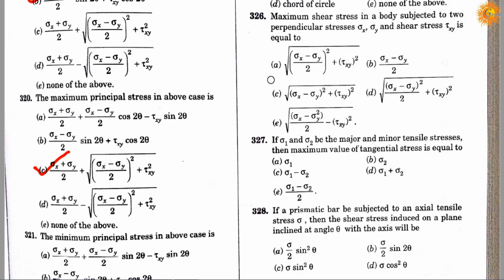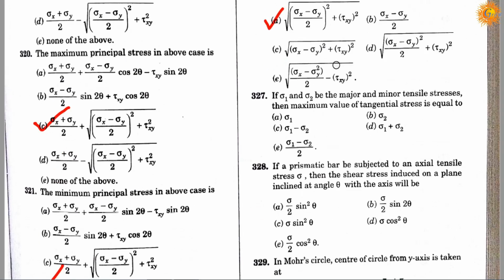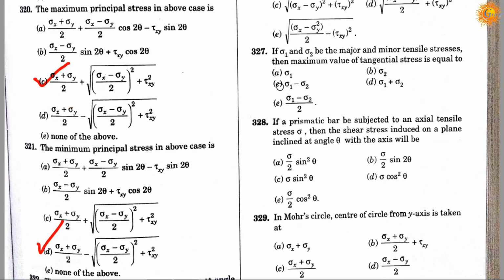Correct answer is A. It will be under root of ((sigma x minus sigma y) divided by 2) whole square plus tau subscript xy square. Question number 327.